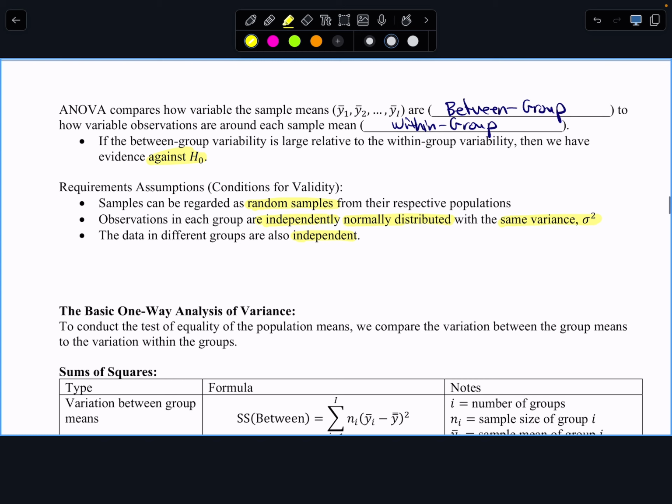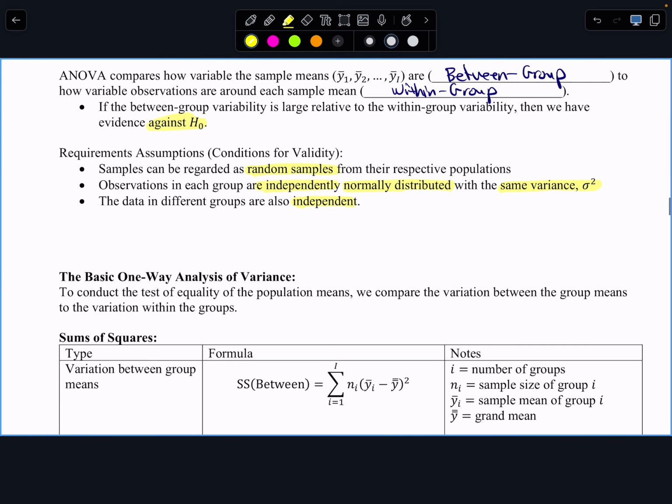Let's talk about the ANOVA table. Again, these are going to be some formulas. One of the keywords I want you to know is sum of squares. The sum of squares is in every single ANOVA table.